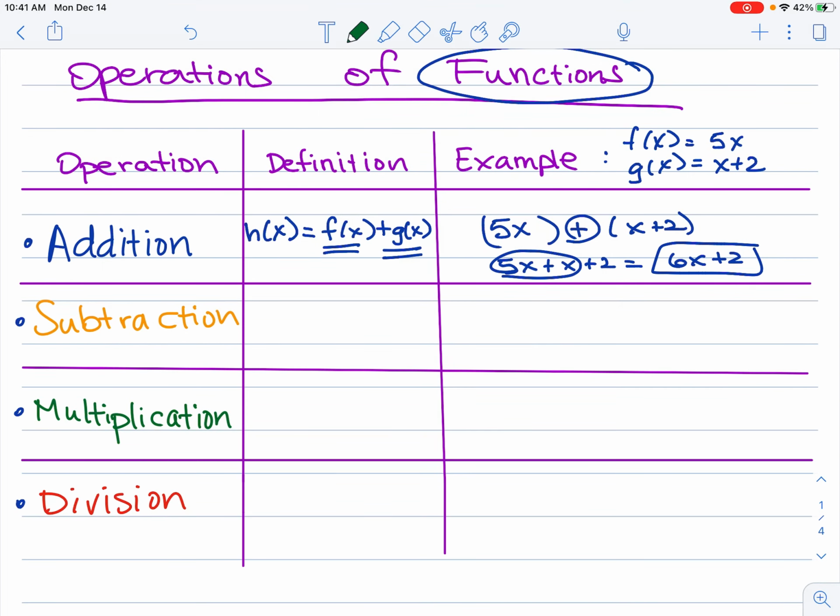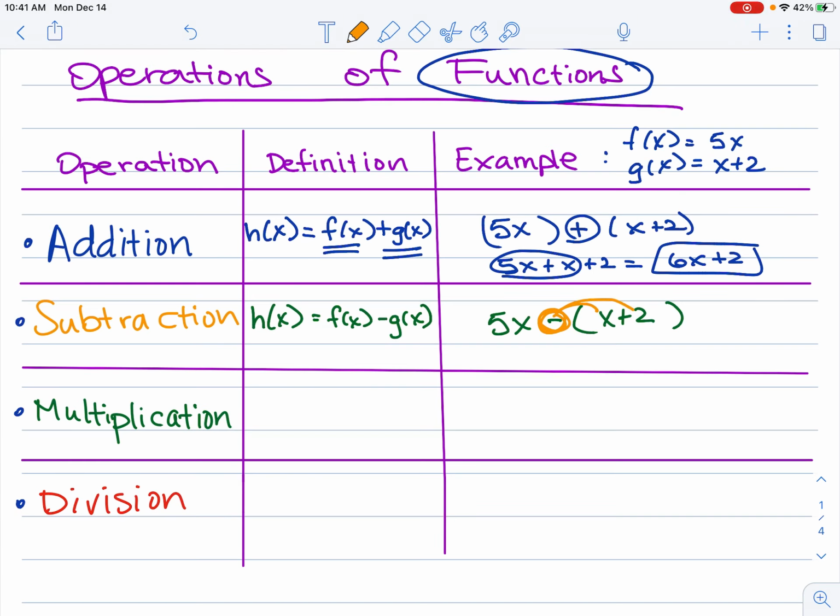So the subtraction function could equal f of x minus g of x. And if I were to do the example, f of x is 5x minus whatever g of x is, which is x plus 2. Now keep in mind, just like we did before, this minus is going to go to both parts.